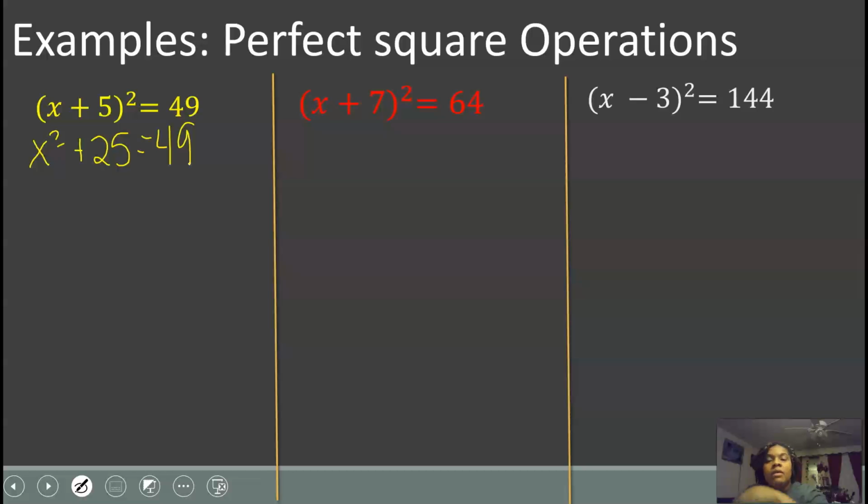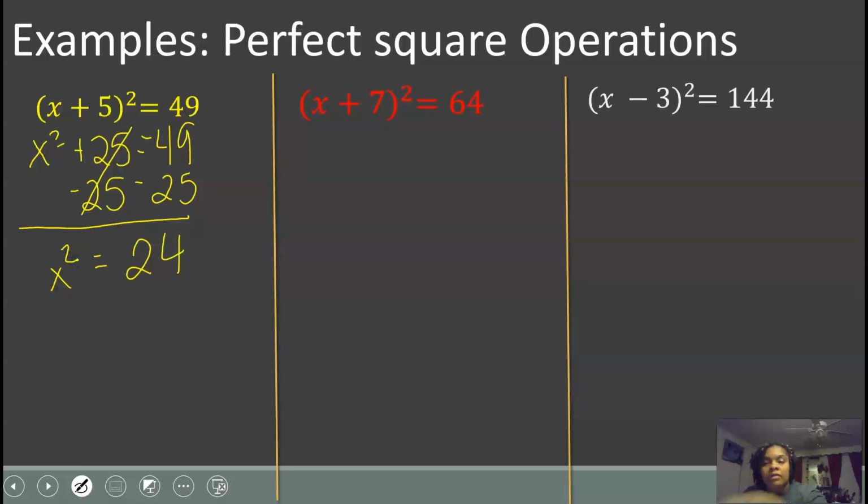Then you would subtract 25 from each side: 49 minus 25 is 24, and then x squared equals 24, the square root of 24. That is not actually the proper way to do that problem. So please, this is not correct. Do not do this.